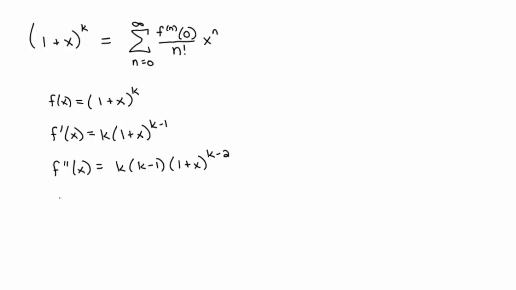And so on and so forth. I'll probably go to maybe 4 derivatives. So k times k minus 1 times k minus 2 times 1 plus x to the k minus 3. And in general, I'll just say dot, dot, dot.